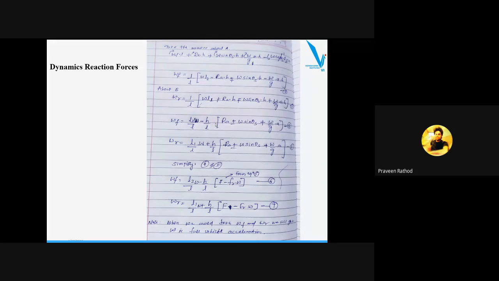So this can be written as RA plus or minus W sin theta S into H. Similarly, we have written, and plus W by G into A into H. Whenever you resolve this equation, you will get equation number 4.